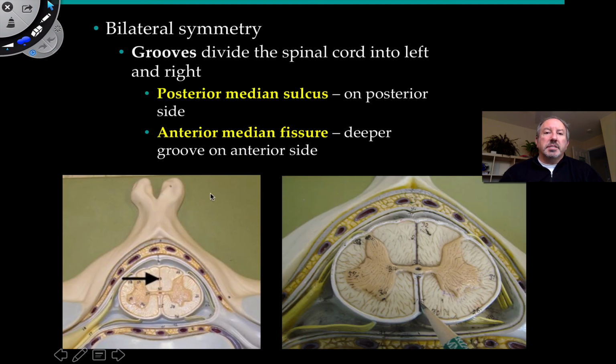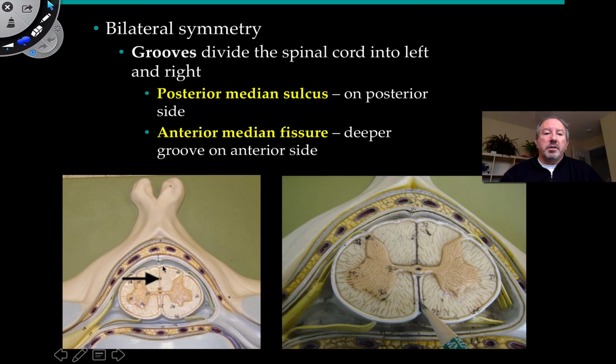So getting into the spinal cord itself, let's take a look at a cross section of a cervical vertebra. You can notice here's the spinous process right here, so this is posterior.